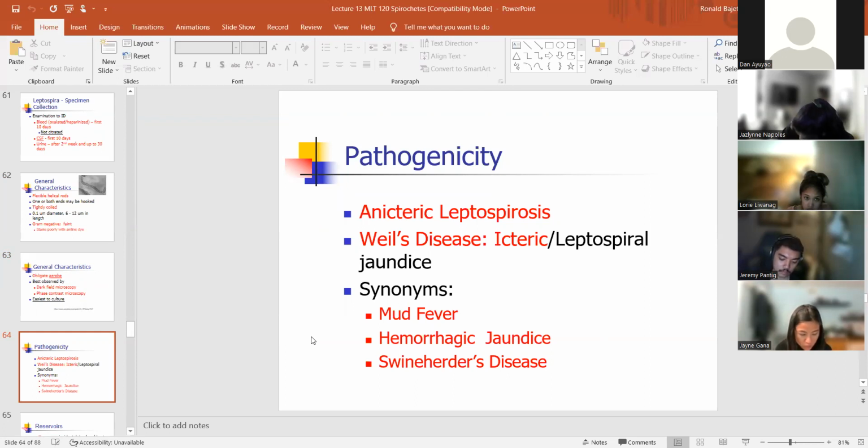So something to keep in mind, if you have a patient who has the next one, which is the icteric leptospirosis, it's called Weil's disease. Icteric leptospirosis, the patient will be jaundiced, and also their specimen will have a lot of icterus. So as you can see, if there's a lot of icterus, what do you think will happen if they draw a CBC?